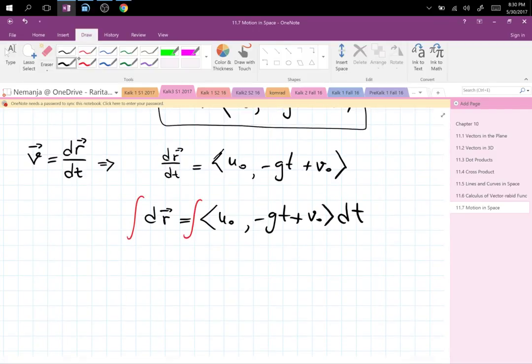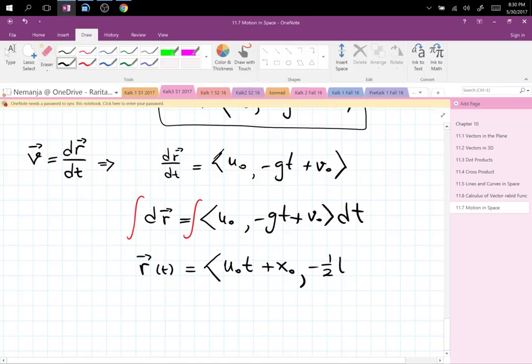So now I have the position vector with respect to t equal to u0t plus x0. I'm just going to skip the step of plus c. I'm going to plot this immediately. And then negative 1/2 gt squared. You all know this formula. You memorize this stuff in physics. I don't know if it's derived or not, but there it is.